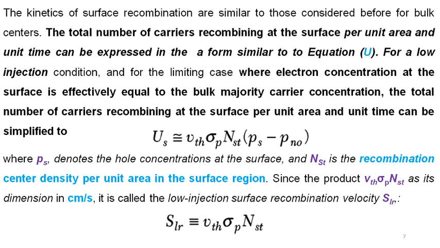S here represents the surface of the material, and NST is the recombination center density per unit area in the surface region. This is called low injection surface recombination.